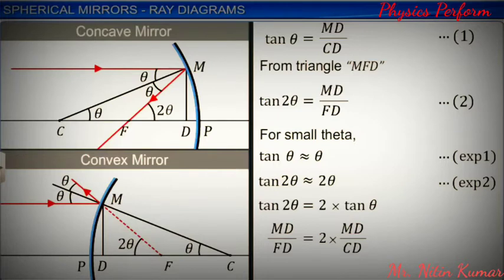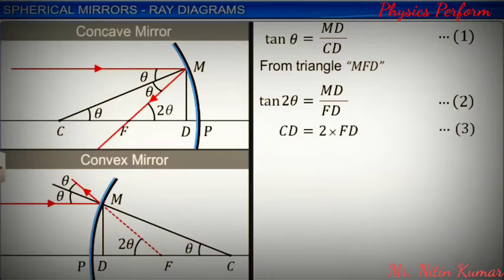For paraxial rays, the two points P and D are very close to each other. And hence, we can assume that CD is equal to CP and FD is equal to FP. Therefore, CP is equal to 2 into FP.